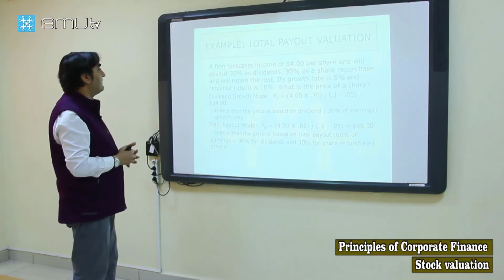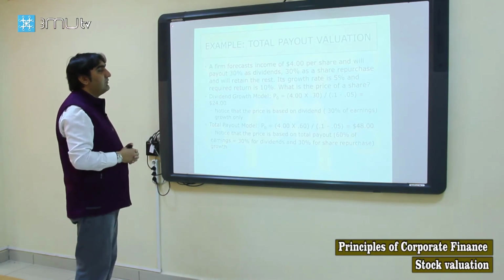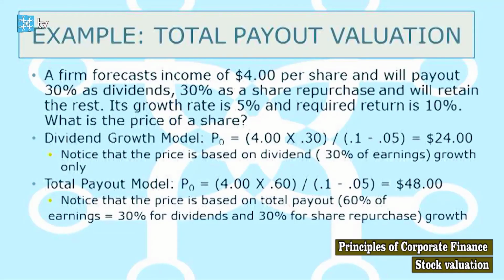For example, a firm forecasts income of $4 per share and will pay out 30% as dividends, 30% as a share repurchase, and will retain the rest. Only 40% will be retained. Its growth rate is 5% and the required return is 10%. What's the price of a share?